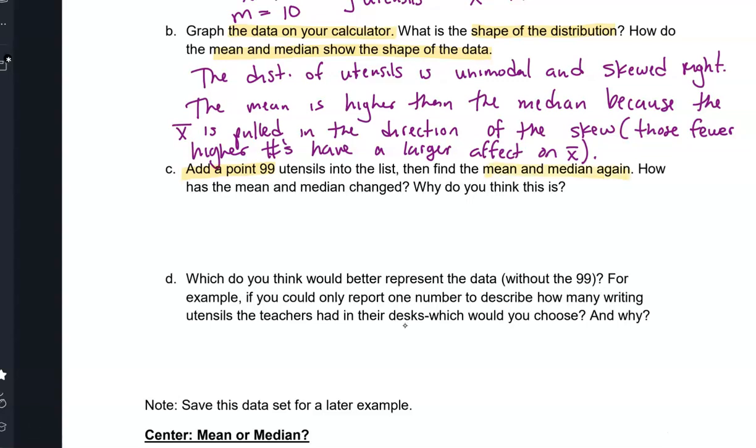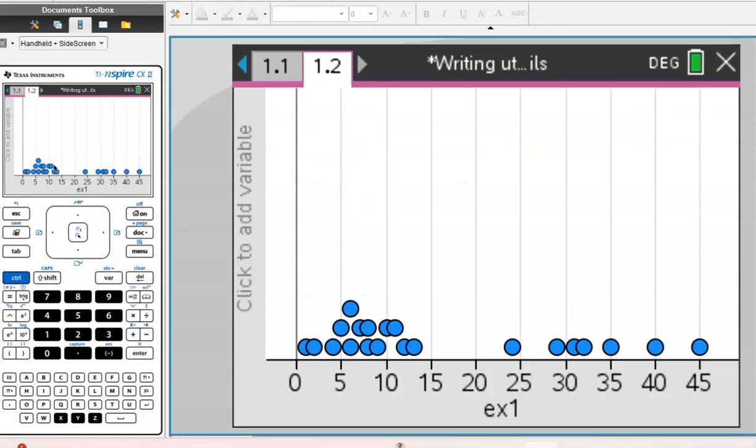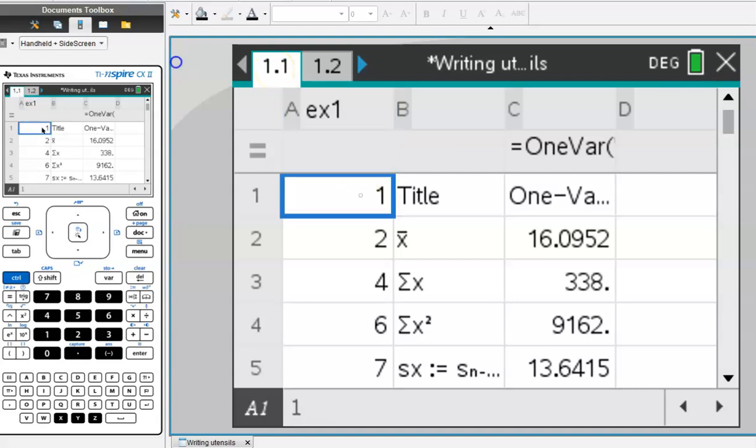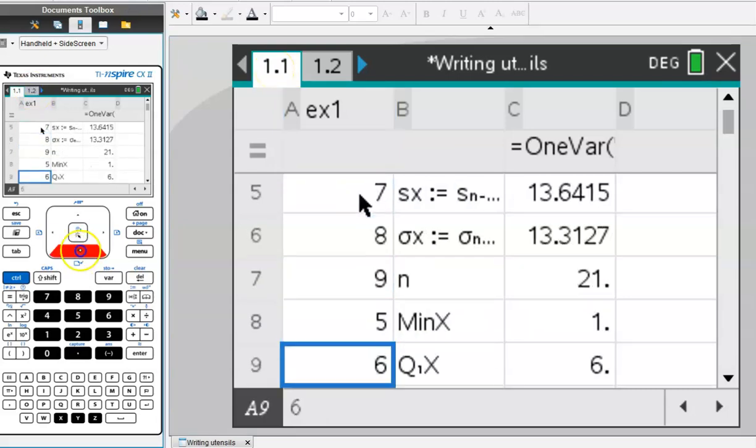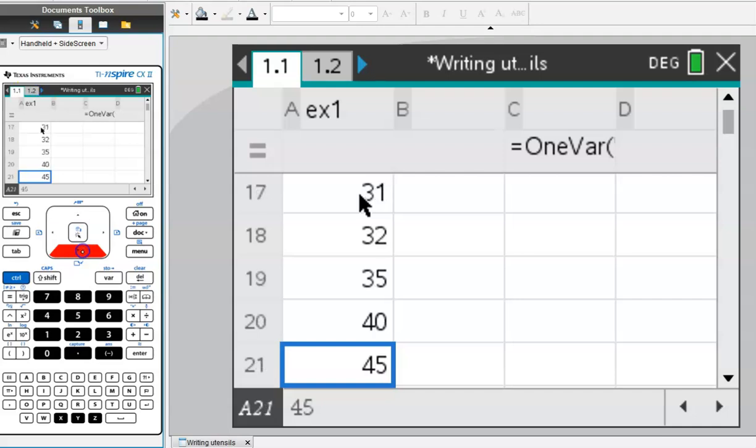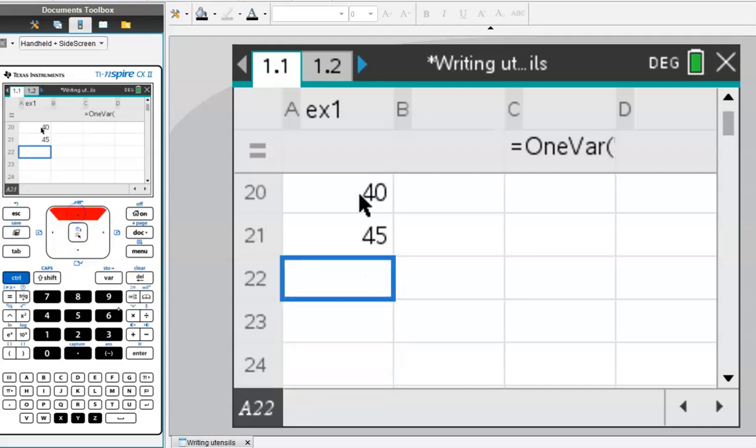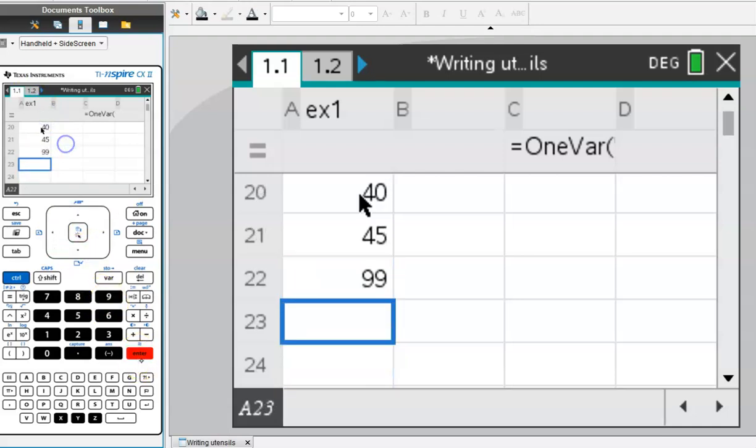Then we're going to see how they changed and why we think this is. So let's just use our cursor, go back to our list here, and then scroll all the way down and add 99. Now, the nice thing with the Inspire is it will automatically recalculate everything for you.